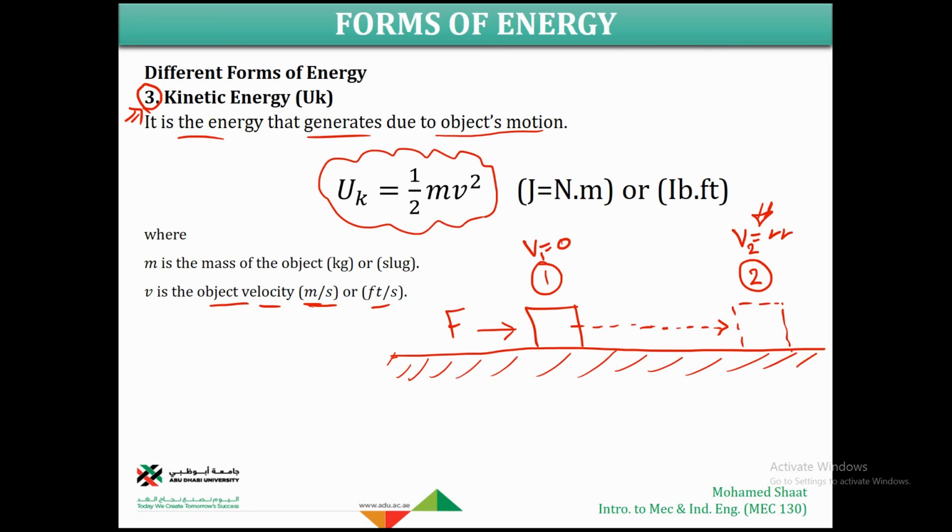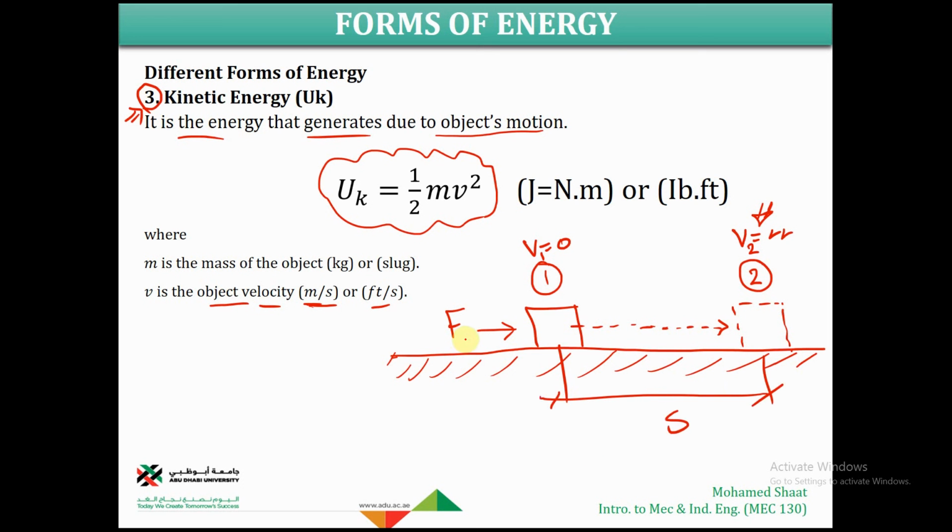Anyway, the speed of the object is going to change, and this is going to give a different kinetic energy to this object. But anyway, there is a kinetic energy that is generated because of the work that we are applying over this box. We are pushing with a force for a certain distance S, for example.